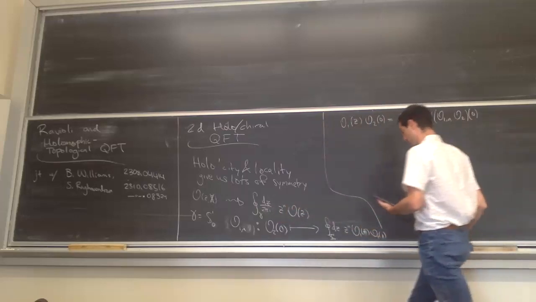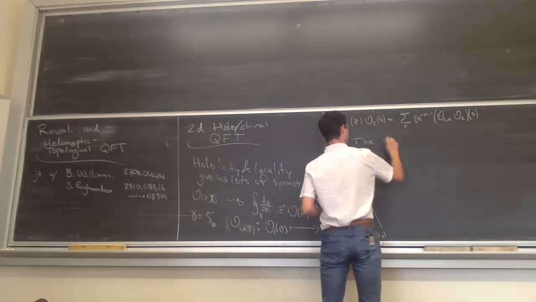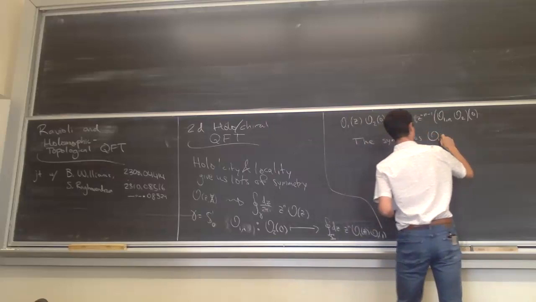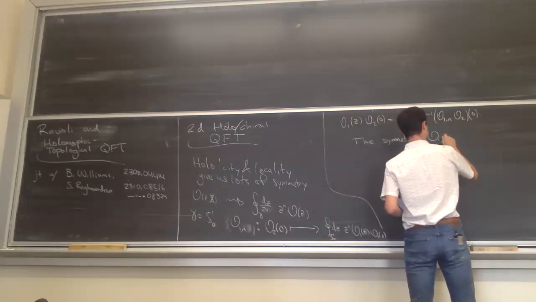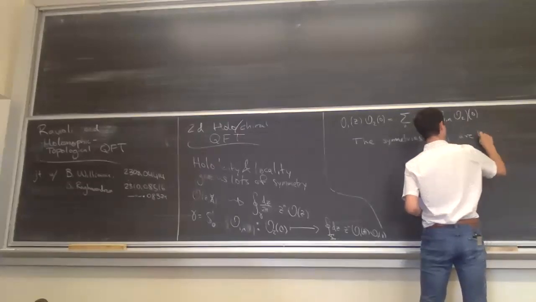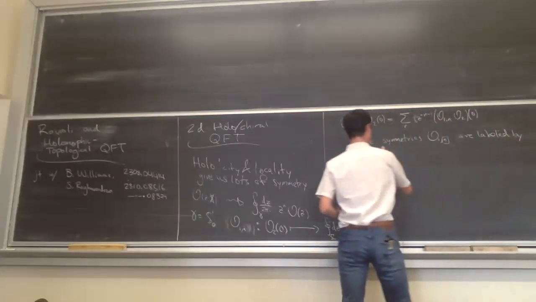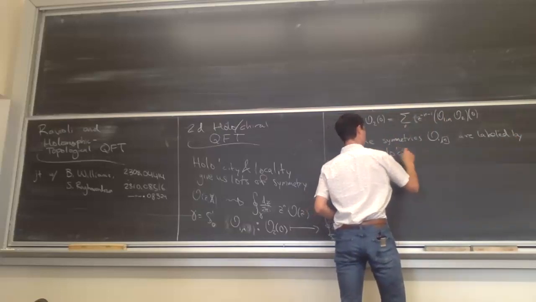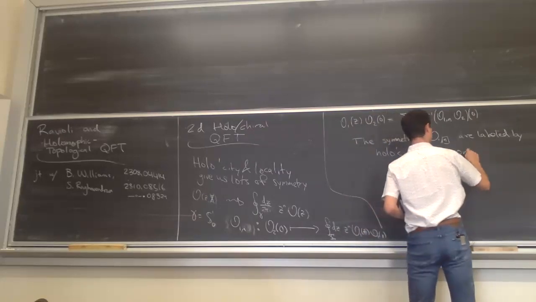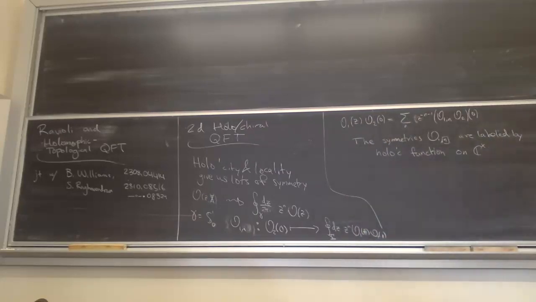So the clever way to say it: the symmetries O1n, well, this n are labeled by holomorphic functions on C star. So z to the power n for n an integer.